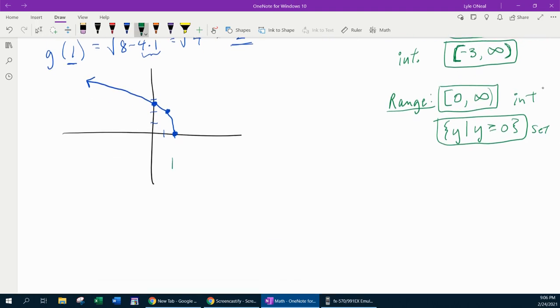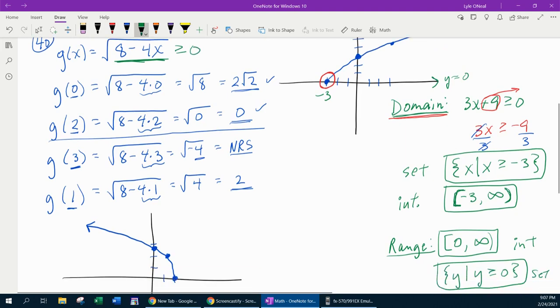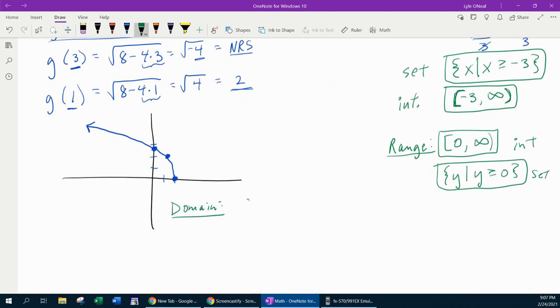So now finding the domain, remember a square root function has a restriction, and the restriction is that the radicand has to be greater than or equal to 0. So we're going to say 8 minus 4x greater than or equal to 0, and then we're going to solve for x.